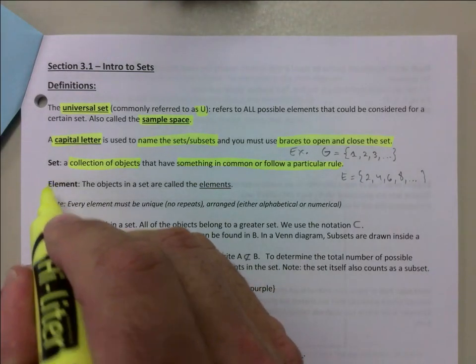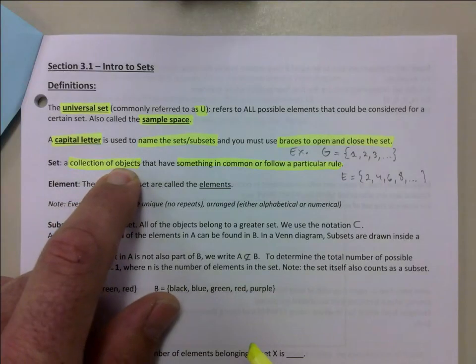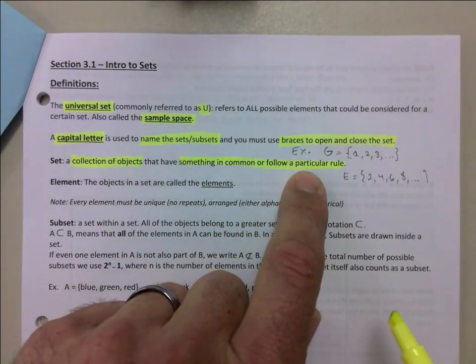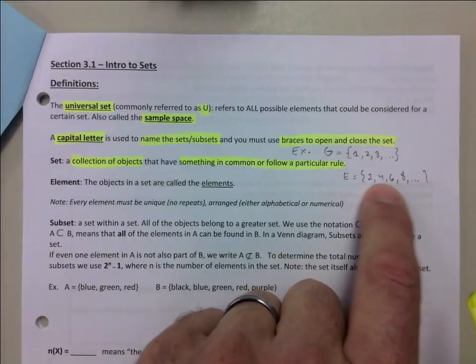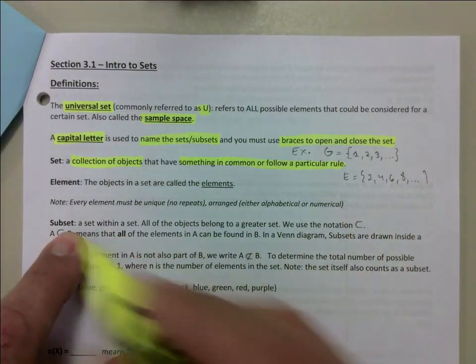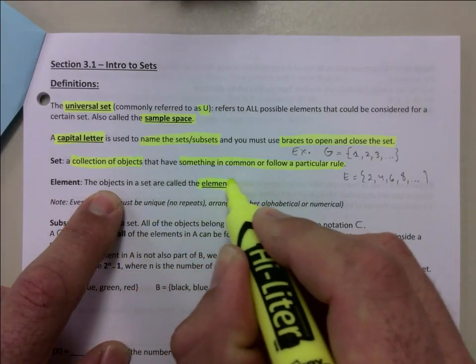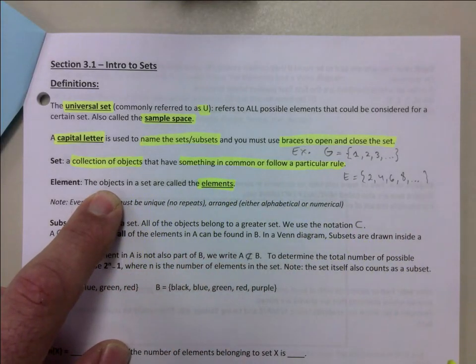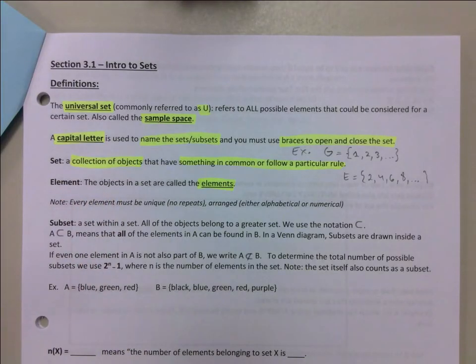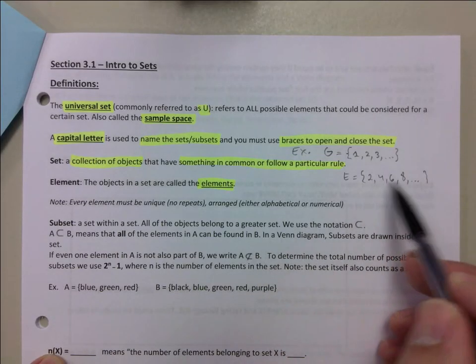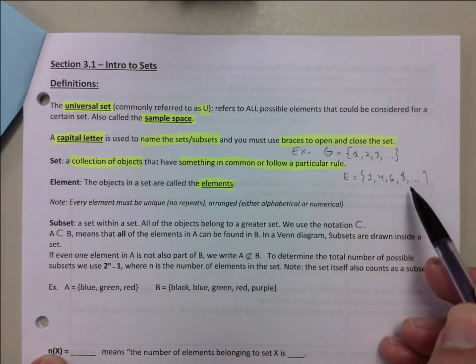Okay. Element. So a set has a bunch of objects in it. They have something in common, follow a particular rule. So these are objects right now. The objects in a set are called elements. So you can call them objects, but we also refer to them as elements.